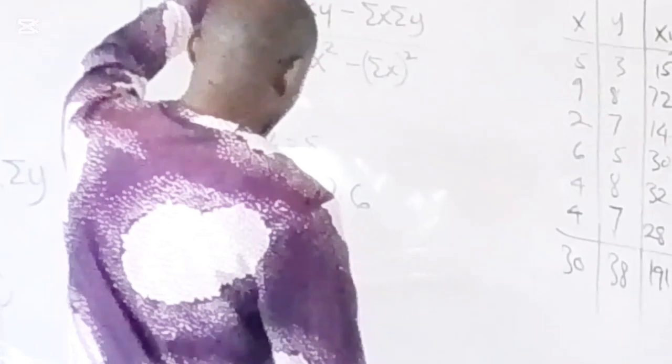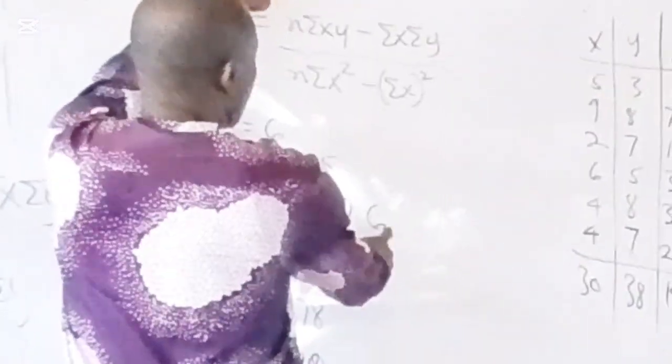When you get the answer of b, you will now say a hat is equal to y bar, where y bar is 7.6, minus the value you get here times 5. Then you can fit y is equal to a hat you have calculated plus b hat you have calculated.